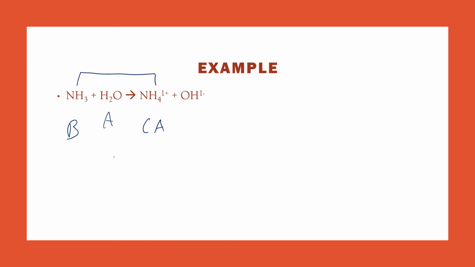And acids will lose their hydrogens to become the conjugate base. So the hydroxide here is the conjugate base because it has one fewer hydrogen and one lower charge than the water. And so that's how you answer those types of questions where you have to identify acids, bases, conjugate bases.